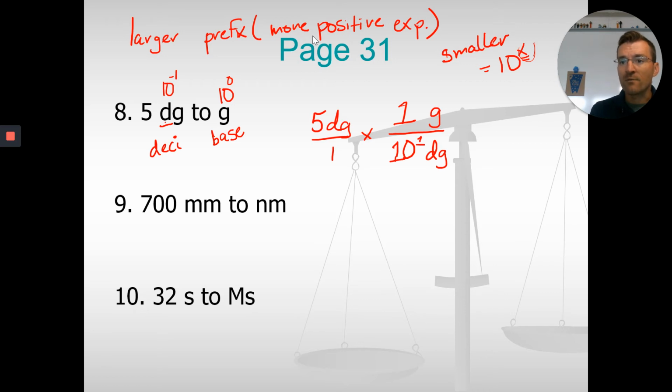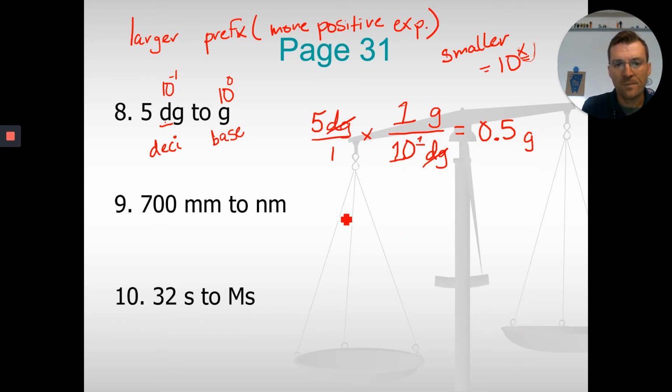Deci's 10 to the negative first. Our base unit is 10 to the 0. The difference between 0 minus negative 1 is 1. Okay. So multiply across the top, divide by the bottom, 5 divided by 10, 0.5. 1 sig fig going back to our given, and new unit of grams.